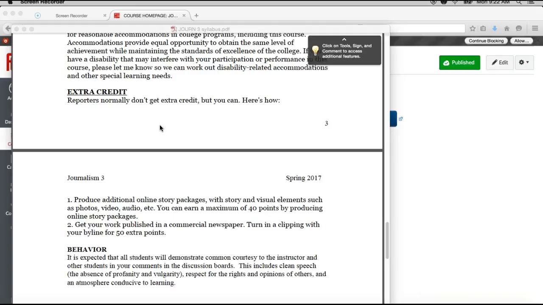Also, you could use your story and make it a multimedia kind of story by doing video or audio or still photography, packaging it in a way that it can be published online. I will give you extra credit for it. Okay.